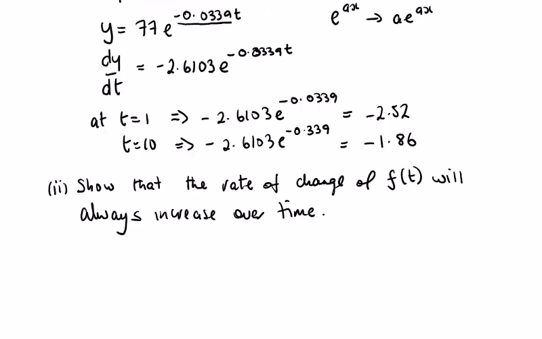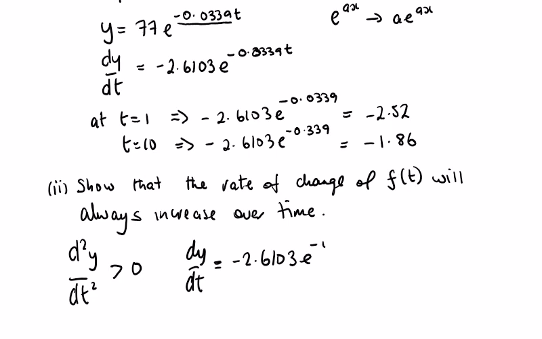And the final part: show that the rate of change of f of t will always increase over time. So we need to show that d2y dt2 is greater than 0 for it to be increasing always over time. So we have dy dt up above. You can see here we're going to get a minus by a minus to give a plus, so e to the power minus 0.0339 t.